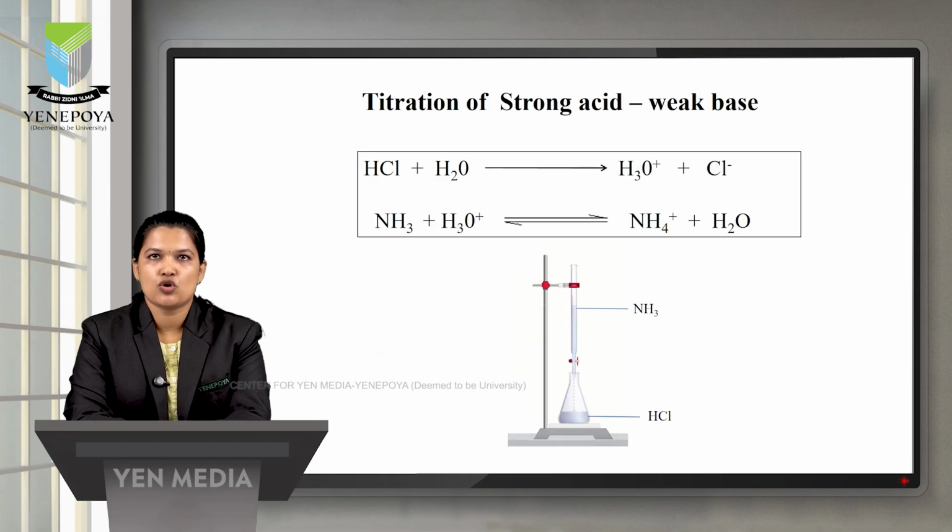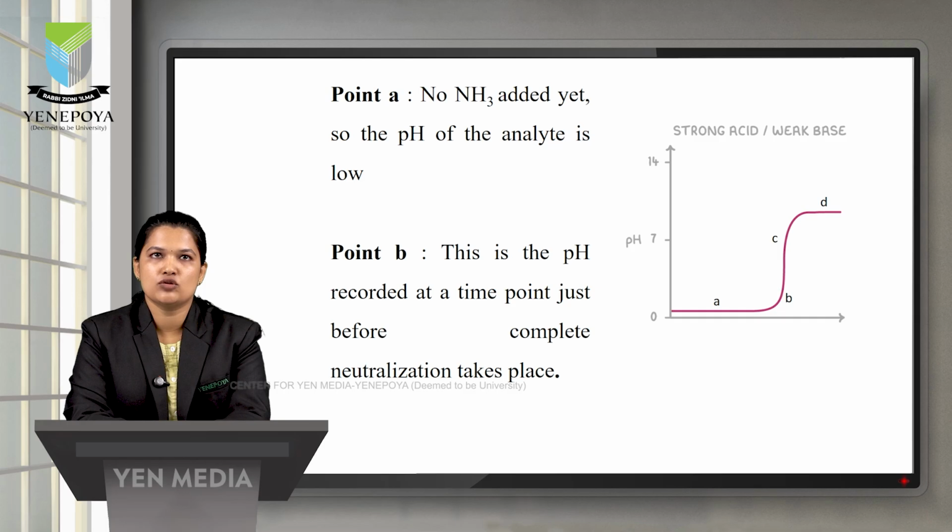Then the titration of strong acid and weak base. Here the strong acid HCl reacts with water to form H3O plus and Cl minus. The H3O plus reacts with NH3 to get NH4 plus and water. The NH4 plus is the conjugate acid. At point A, no NH3 is added, so the pH of the analyte is low. Point B is the pH recorded just before the neutralization is complete.